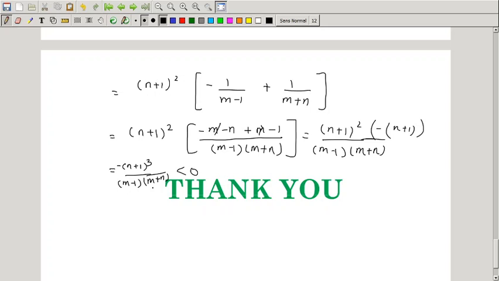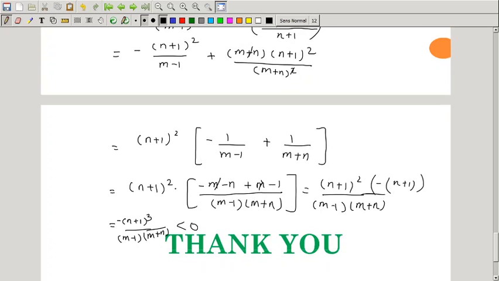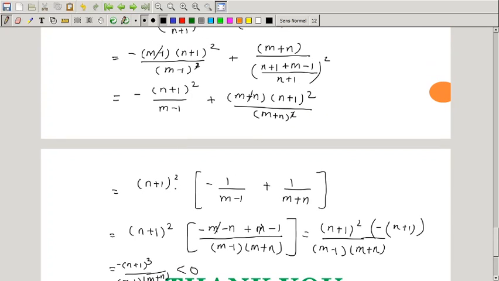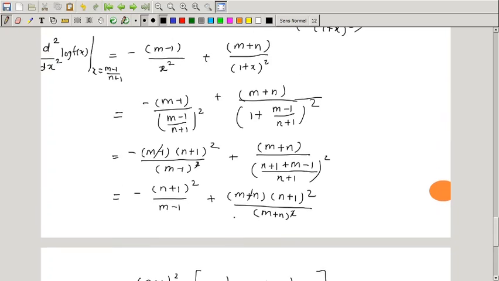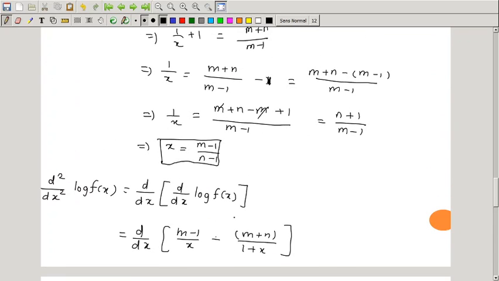So we get that the second derivative is less than 0, so that means this x equal to (m minus 1) upon (n plus 1) is the mode of the beta distribution of the second kind.